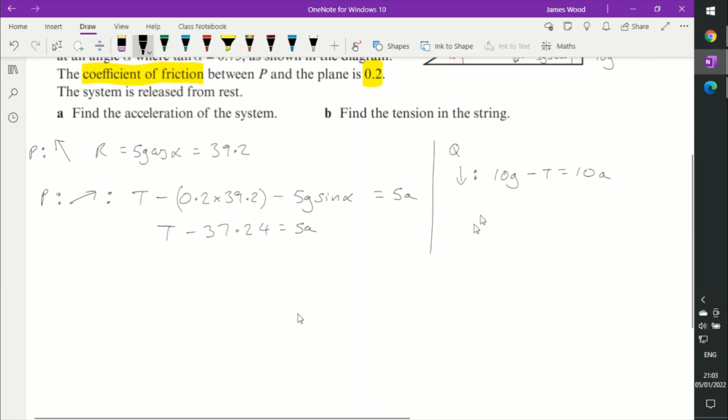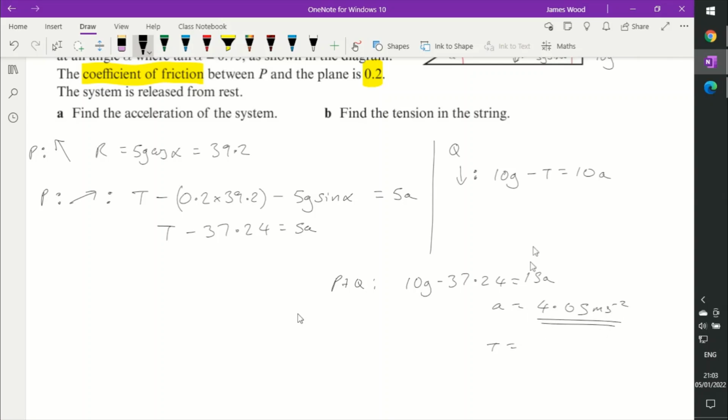And now we can solve these two equations. So I'm going to add them together to eliminate T, and then find out what a is. So I get a is 4.05 meters per second squared.